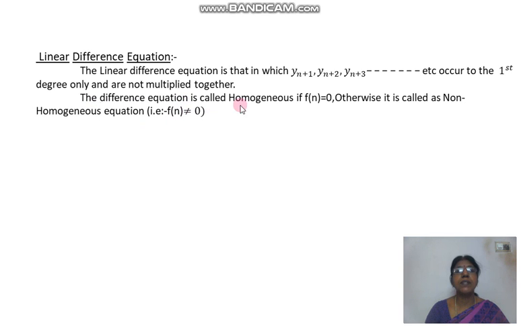The difference equation is called homogeneous if f of n is equal to 0. Otherwise it is called a non-homogeneous equation. That means for a non-homogeneous equation the function is not equal to 0.